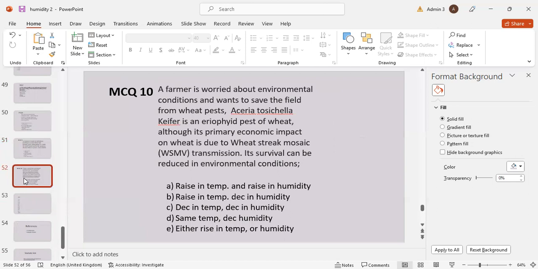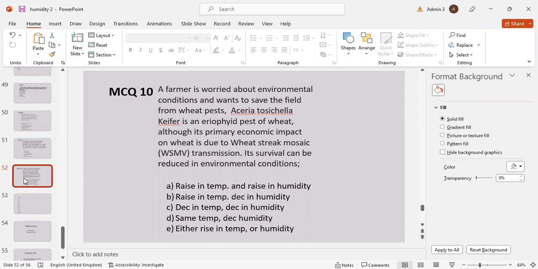MCQ number 10. A farmer is worried about environmental conditions and wants to save the field from wheat pests. Aceria tosichella is an aerophyte pest of wheat. Although its primary economic impact on wheat is due to wheat streak mosaic transmission, its survival can be reduced in certain environmental conditions. Option A is raise in temperature and raise in humidity.